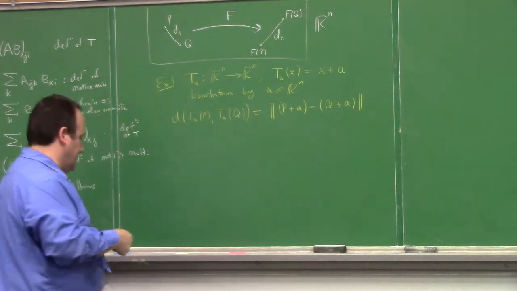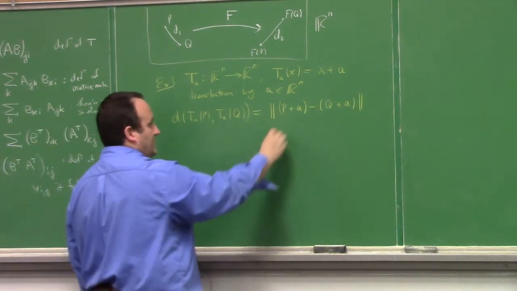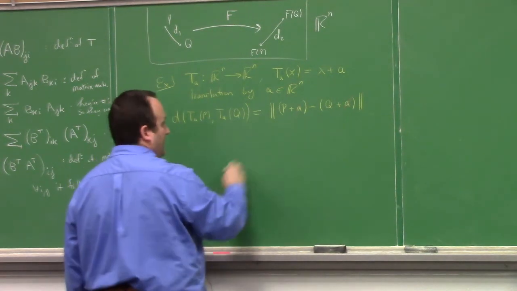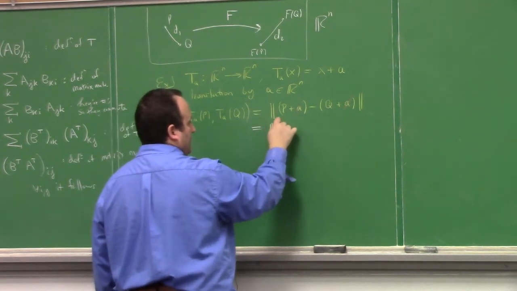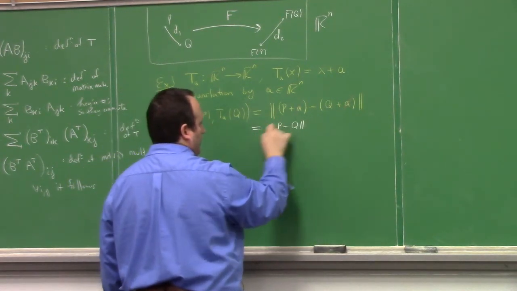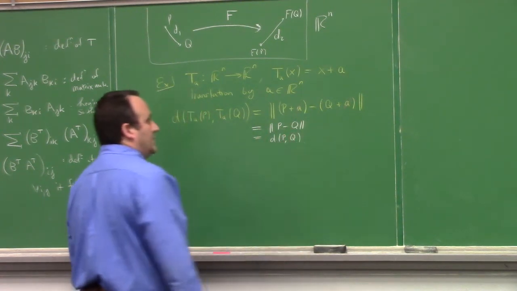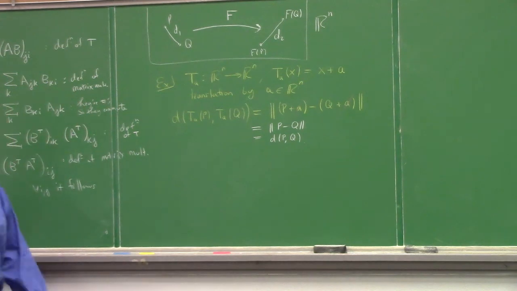The A's, they be canceling. And we're just left with the norm of P minus Q, also known as the distance from P to Q. So therefore, translation is an isometry.